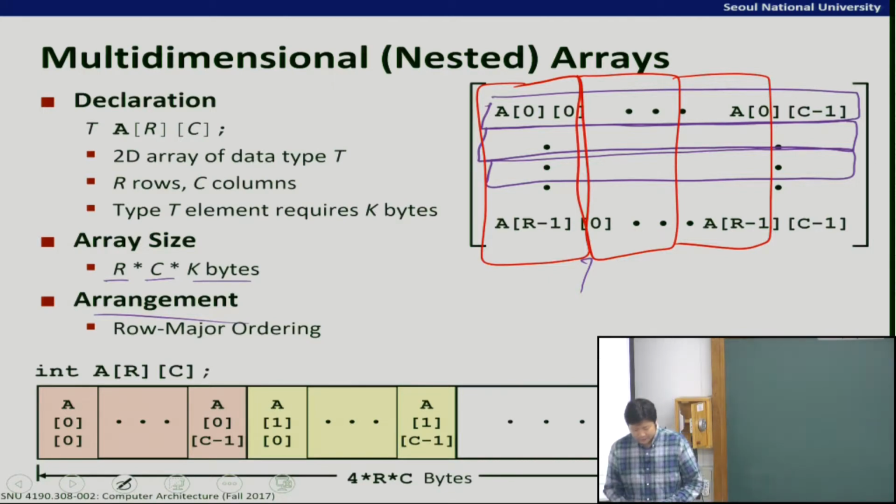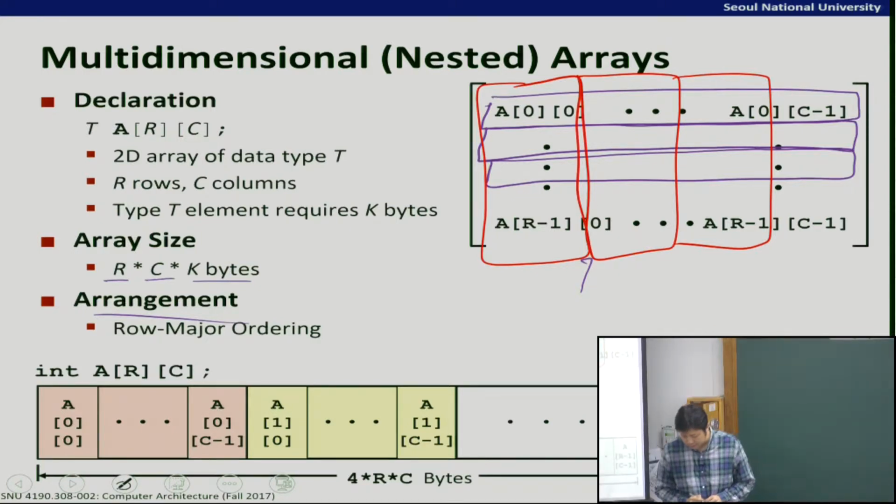But usually we take row major, because it means that the row index is the first index in your array. So if you have an integer array A of R by C, then this one will be the first column, first row, and this one will be the second row, and this one will be n minus 1.